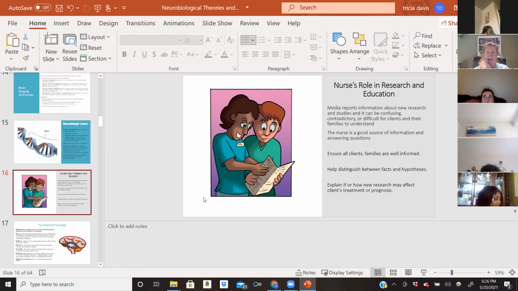We want to be able to explain to them how to distinguish between what facts are and what are just hypotheses. And then we want to always be able to explain how new research can, in fact, affect our client's treatment or prognosis, because sometimes our patients will be privy to different research before we even know about it.